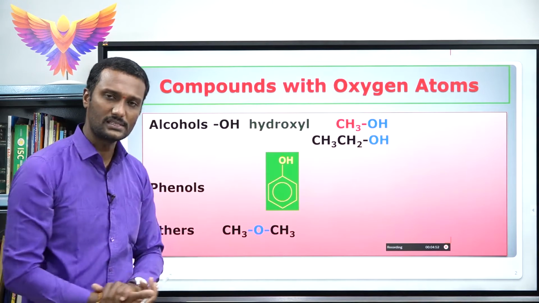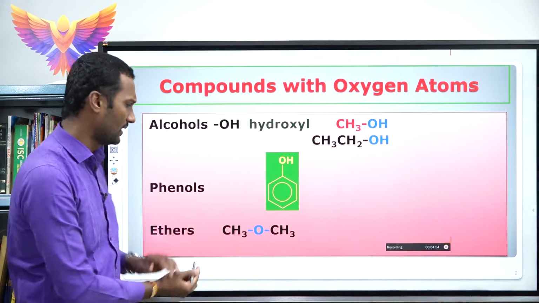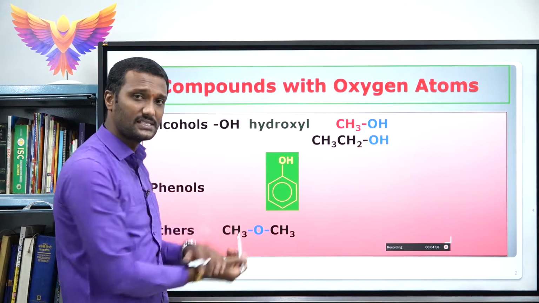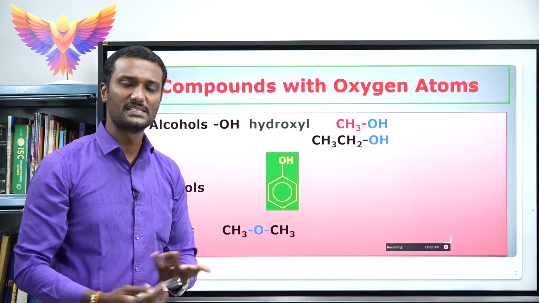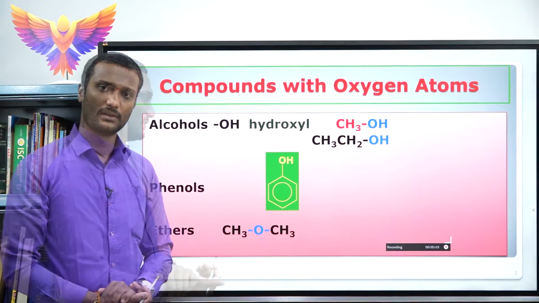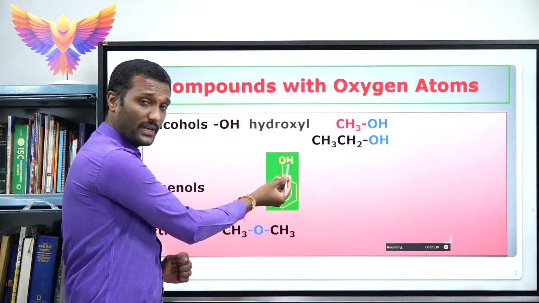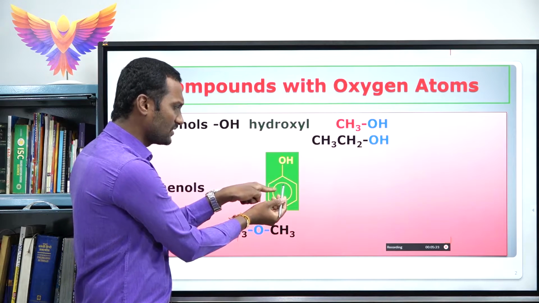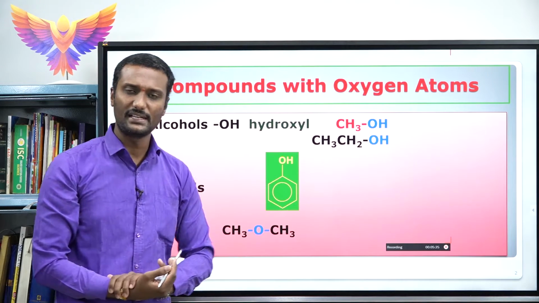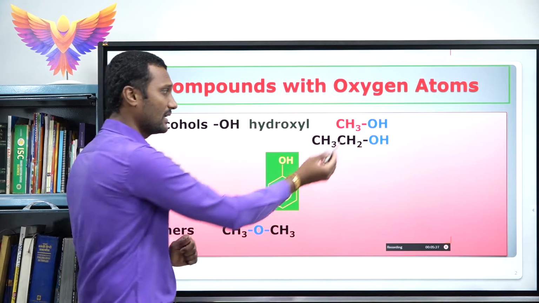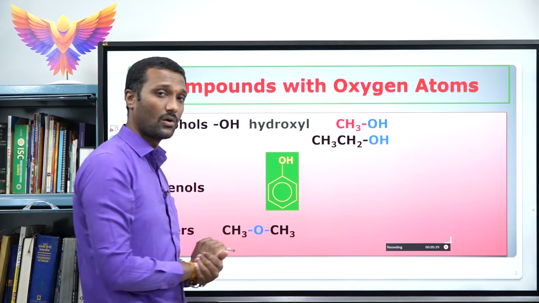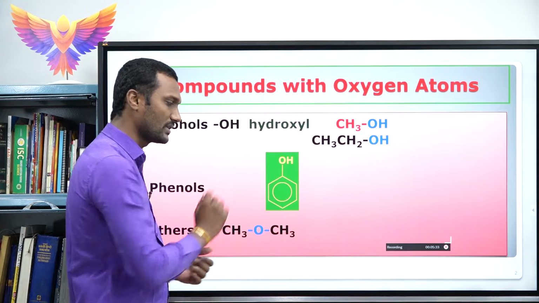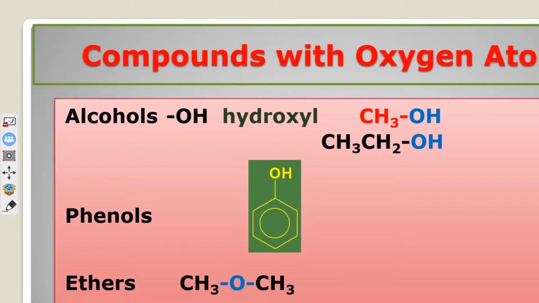hence it is said to be alcohols. The second part, when you come to phenol, you can observe the OH is attached to the benzene structure. Benzene is also called an aryl group. Here the OH group is attached to the benzene, which means the hybridization changes. So OH attached to a carbon is sp3 hybridization, and OH attached to the benzene is called sp2 hybridization.